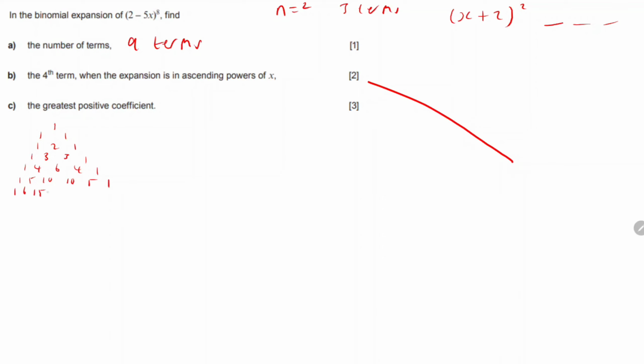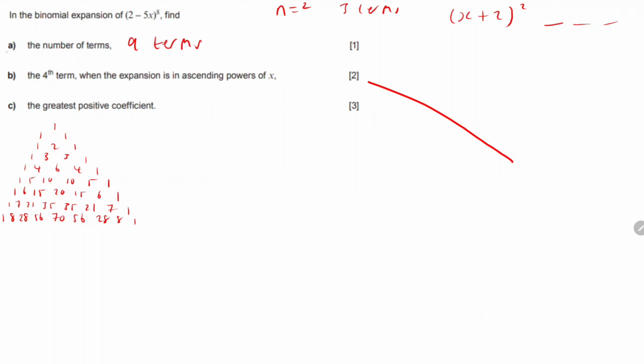1, 6, 15, 20, 15, 6, 1, 1, 7, 21, 35, 35, 21, 7 and 1, and then the one that we need, 1, 8, 28, 56, 70, 56, 28, 8 and then 1.